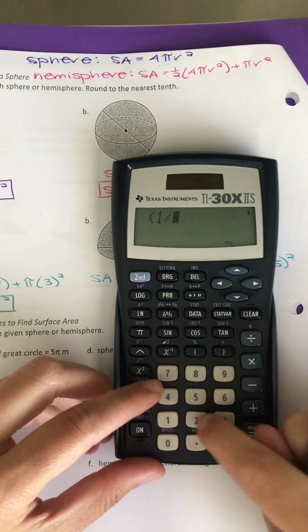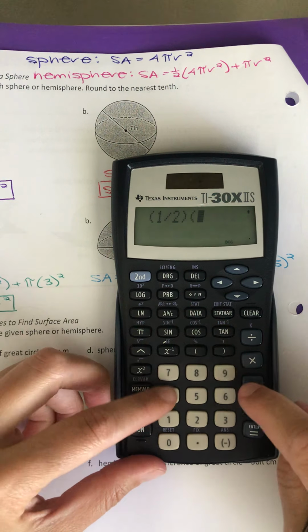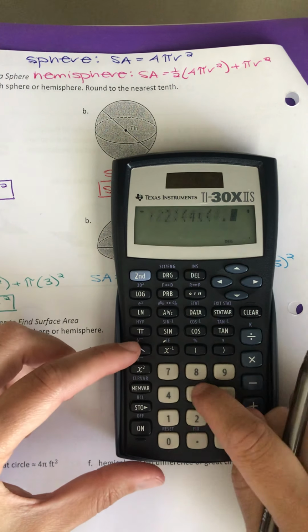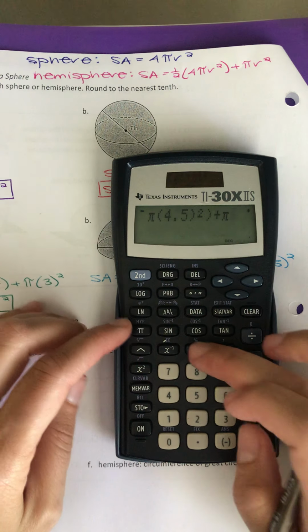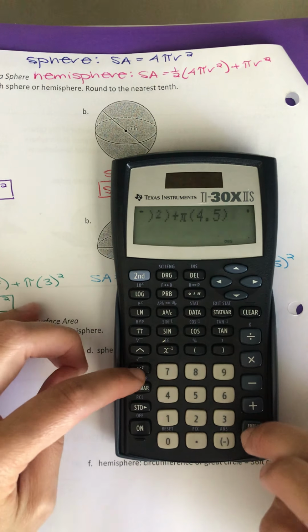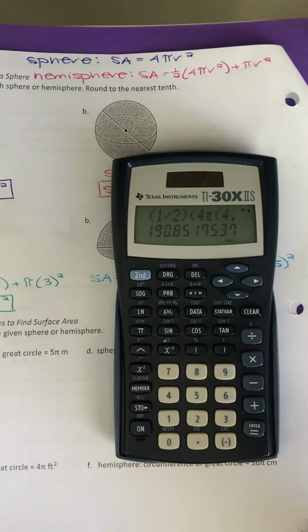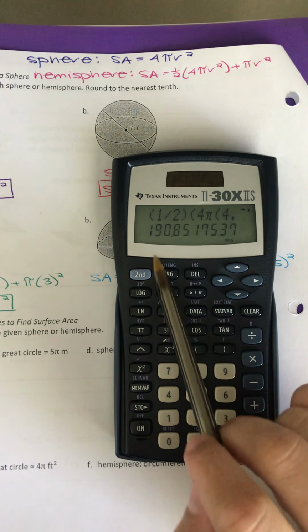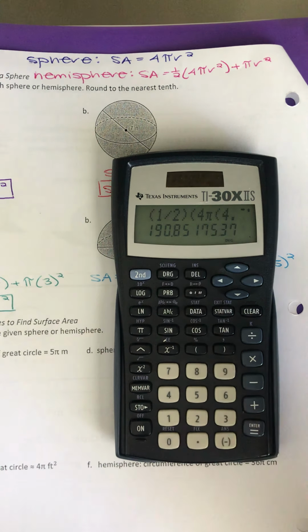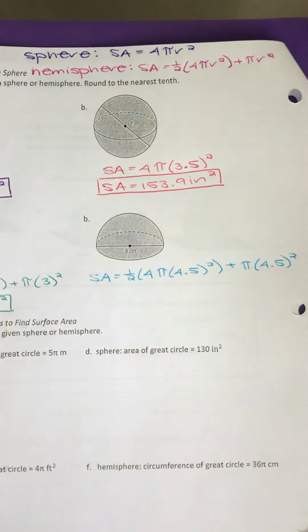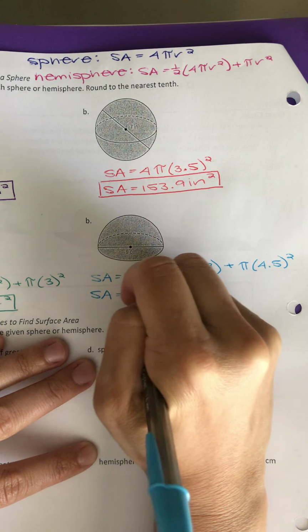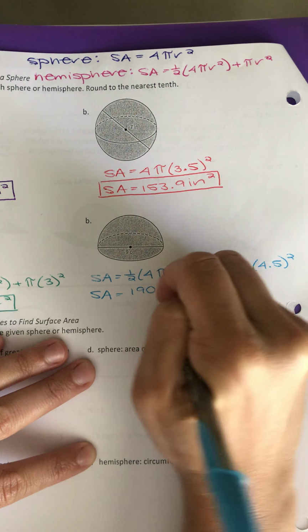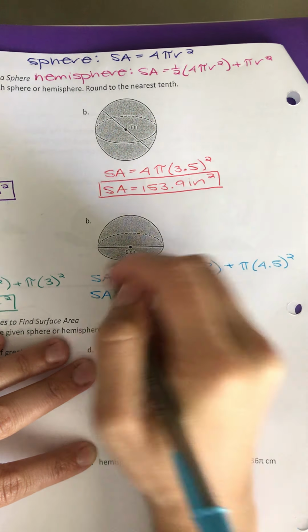So again, 1/2 4 pi 4.5 squared plus pi 4.5 squared. And I get about 190.9. And it's centimeters squared.